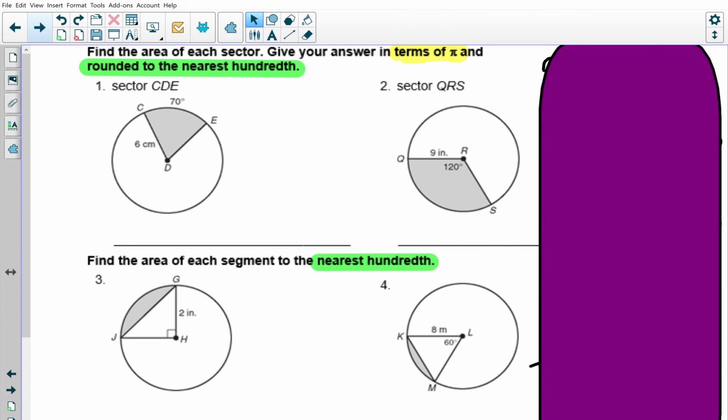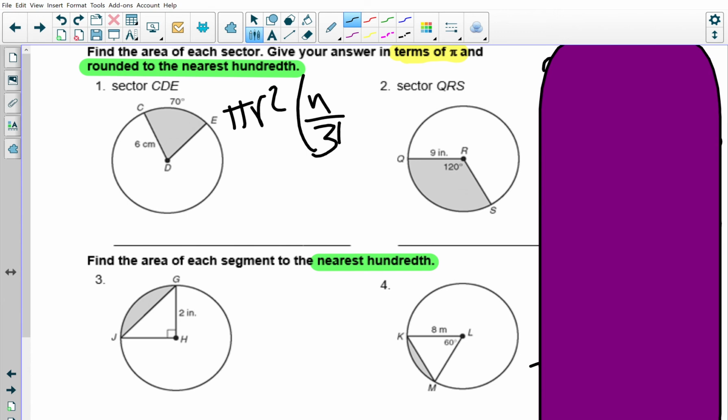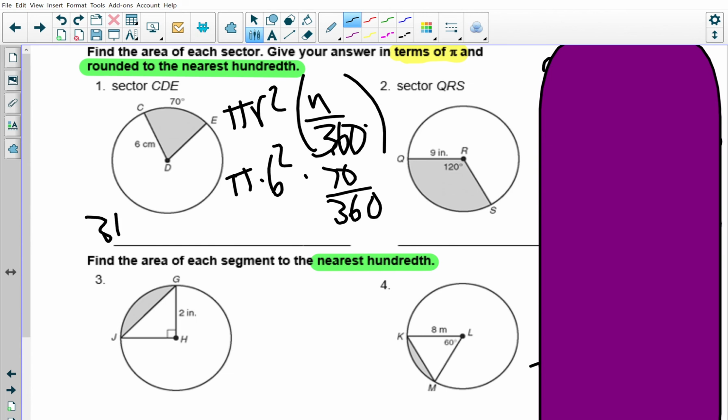So we know that the area is pi r squared times n over 360. So when you fill in the blanks, you have pi times 6 squared times 70 over 360, which is 36 pi times 1/9, which is 4 pi.